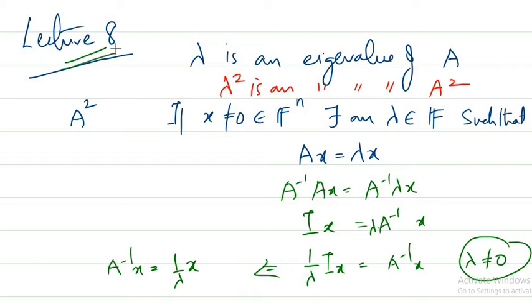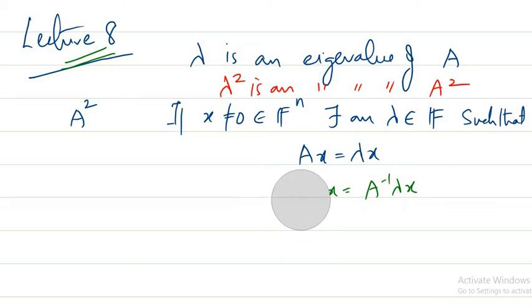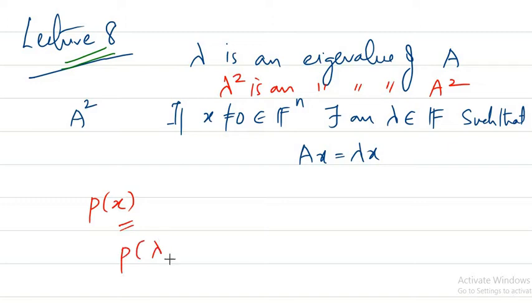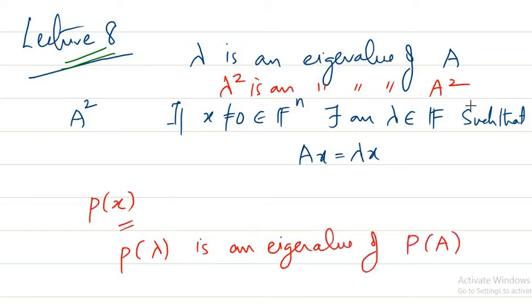That result was nothing but: if lambda is an eigenvalue of a matrix A, and you take any polynomial P in X, then P of lambda will be an eigenvalue of P of A. If lambda is an eigenvalue of A, then P of lambda is an eigenvalue of P of A.